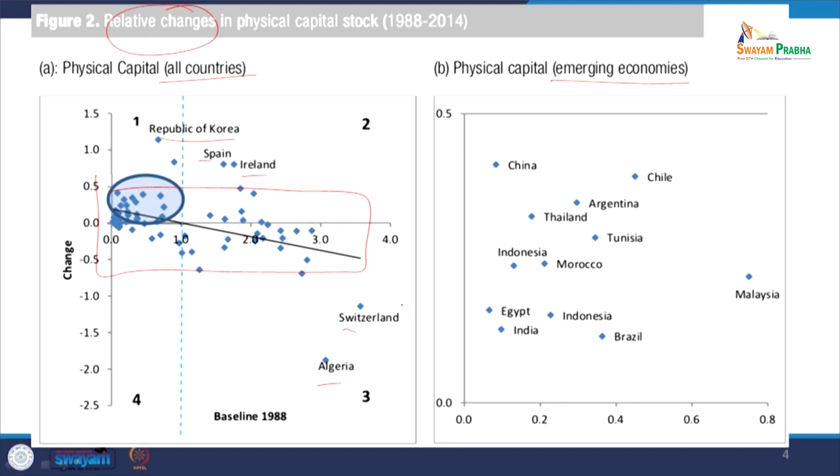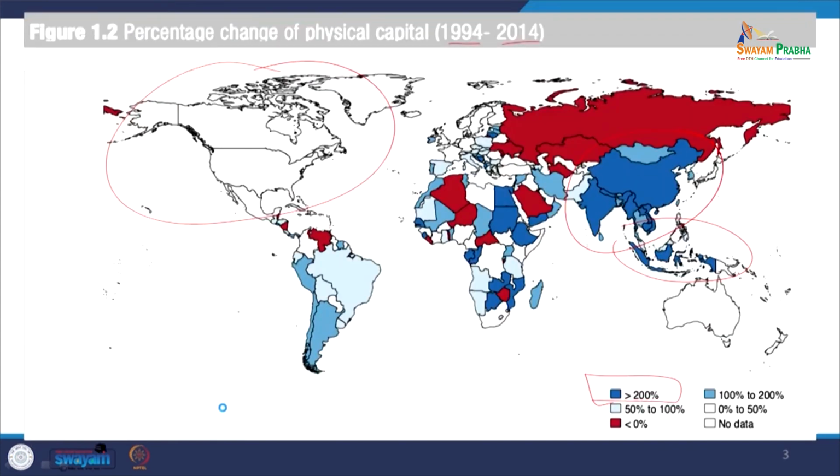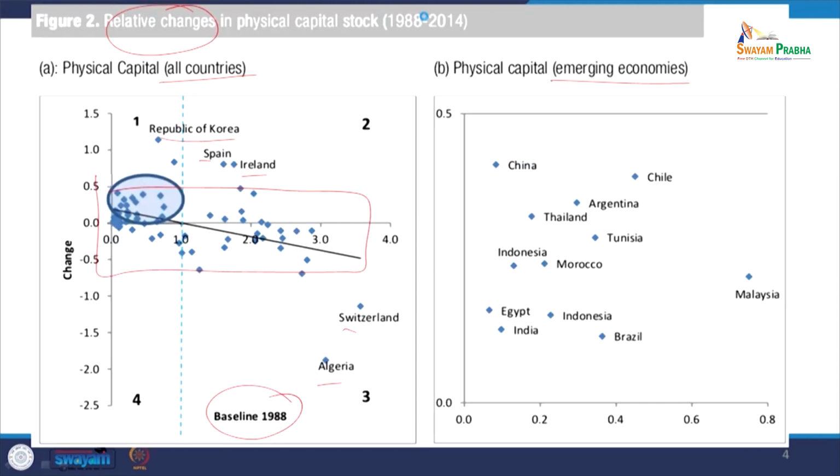So, this is very clear, and these changes are compared with a baseline of 1988, because the changes are based on a base period. In the previous figure, the baseline was mentioned as 1994, but now we are comparing with 1988. Now, as against all countries, look at emerging economies.